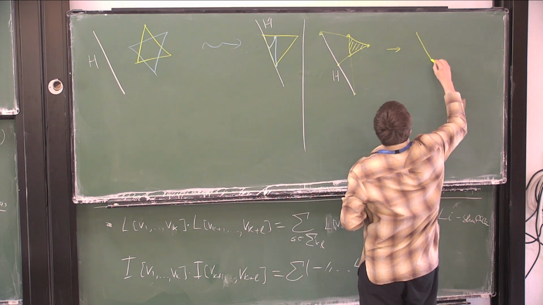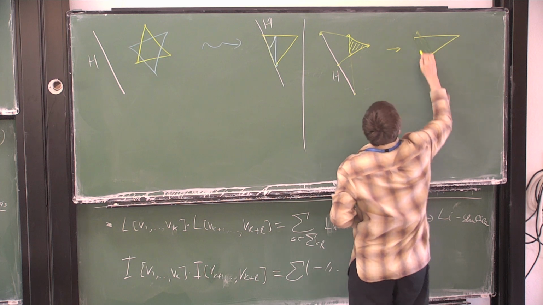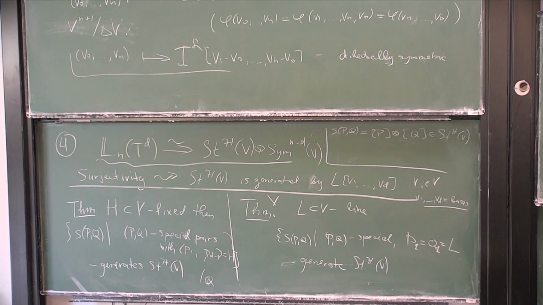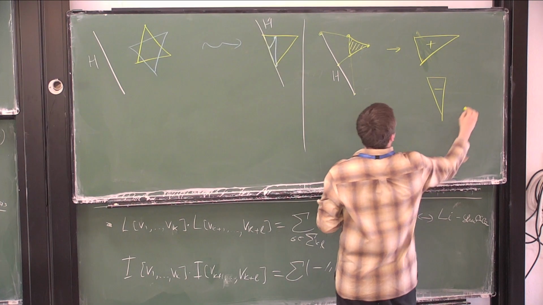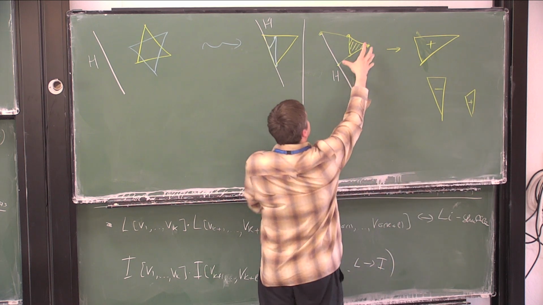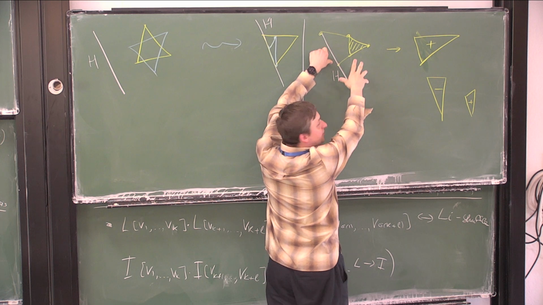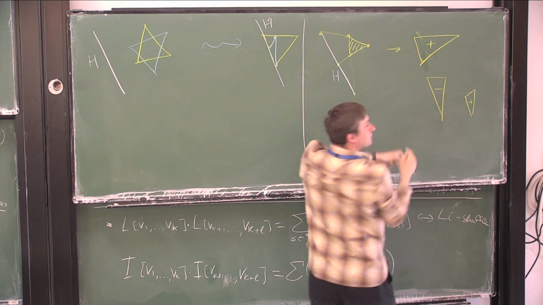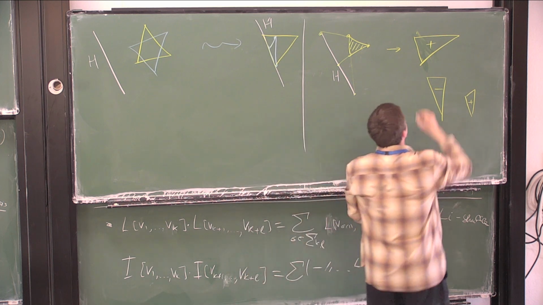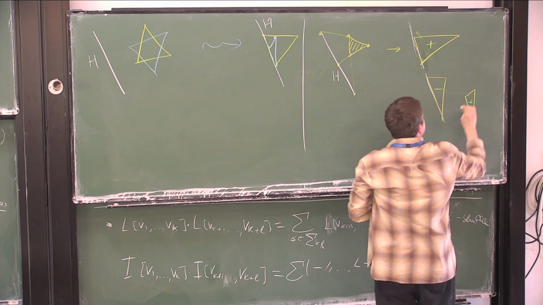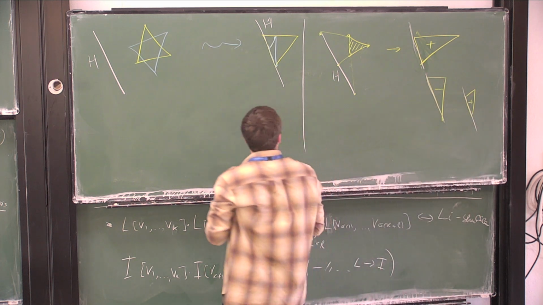So you have to take the big triangle here with a plus sign, the long triangle with a minus sign, and the small triangle with a plus. So there's kind of 3 triangles formed, you can see in this picture, and this simplex is equal to the sum of these with coefficients. And all of them have H in a special position. So that's step 1.